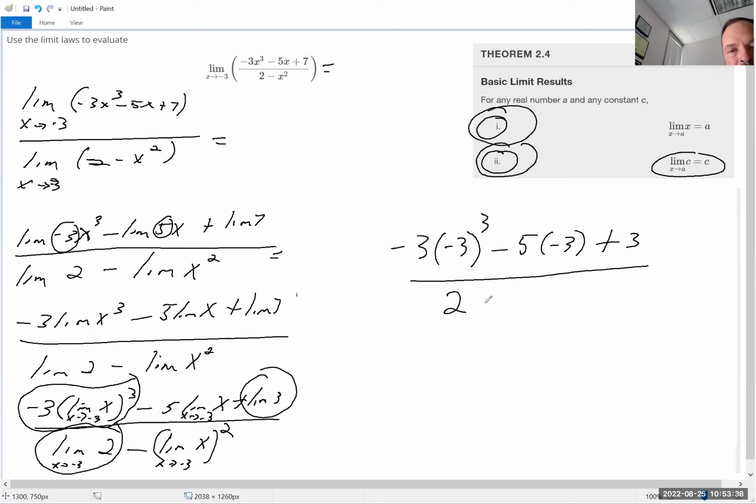So this is going to give me -3, but I have to not forget the 2 there. All right, now this is going to be 81. This is 15. This is 3. And this is 2 minus 9.